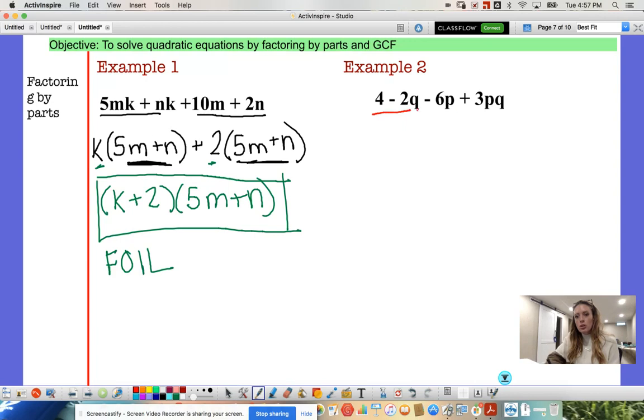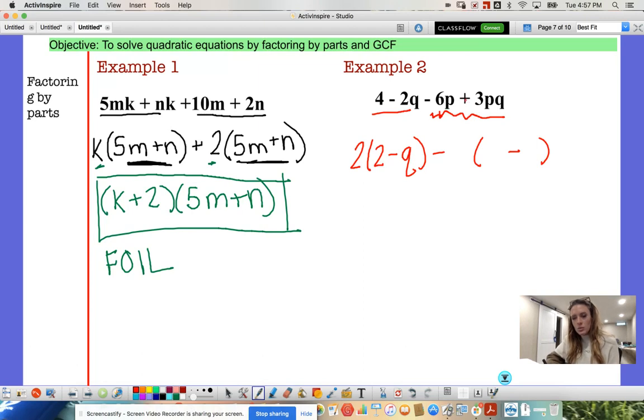Okay, first two terms, and then we have our second two terms. Pay attention that this is a minus sign right here, and it actually goes with our second terms. So we can take a 2 out of the first ones, and we end up having 2 minus q. Okay, we can take a negative, right? Because we want to leave a minus sign in here if we want it to be like this.